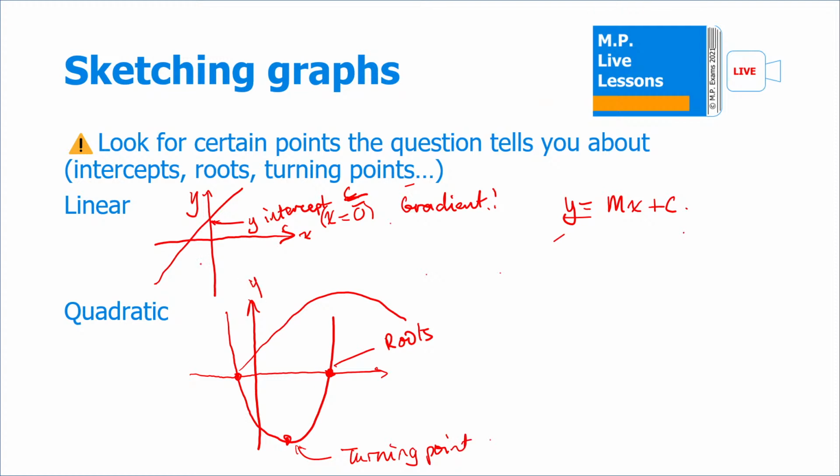And where it crosses the y-axis is also called the y-intercept. That's when x is 0.